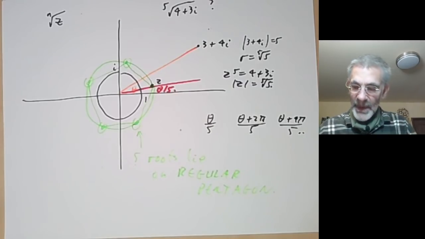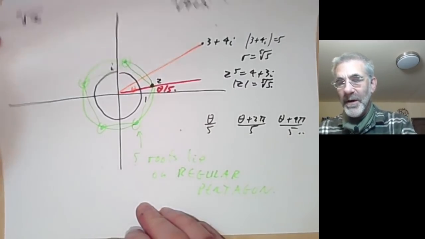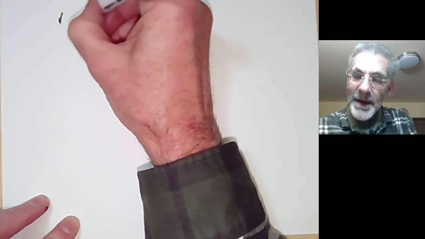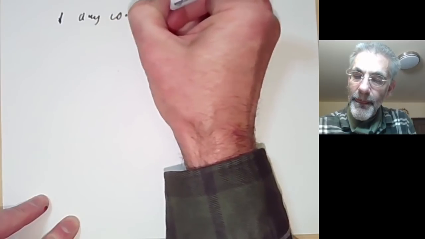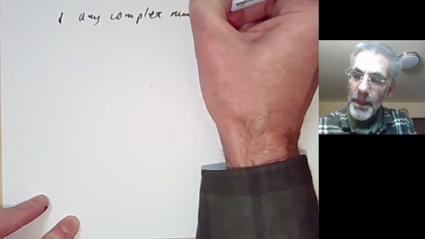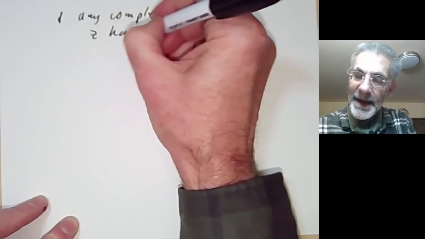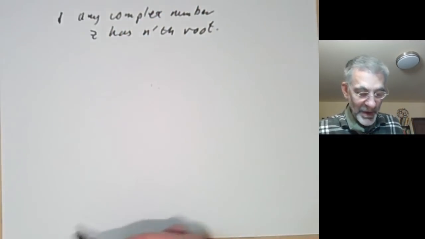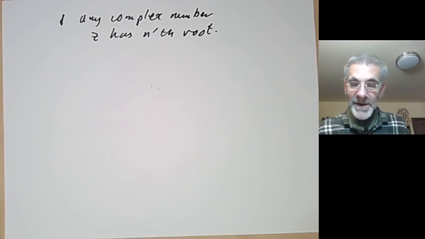So what we've shown is that any complex number z has an nth root. In fact, if z is non-zero, it's going to have n distinct nth roots.